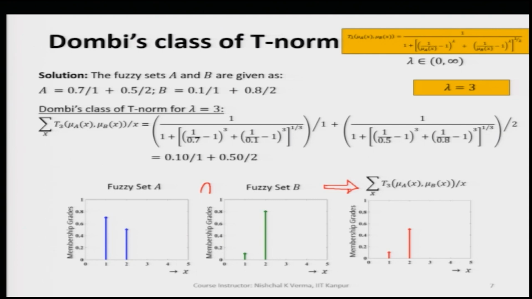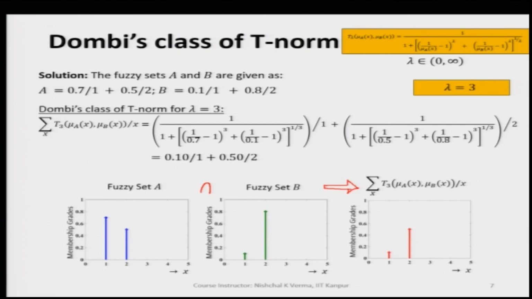And please understand, this expression is applied for the membership values of the corresponding fuzzy sets for which we are interested in taking the intersection. Since this is a discrete fuzzy set, we first take all the elements and then we take the corresponding membership values of fuzzy set A and fuzzy set B, and then apply the T norm of the Dombi class.